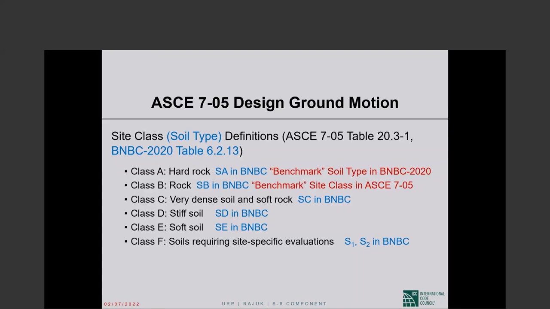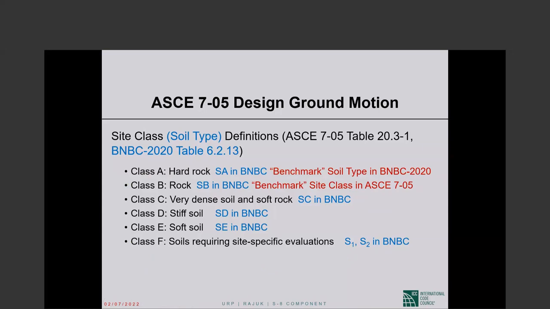Okay. Now, what is site class A in AC7 is soil type SA in BNBC, B is SB, C is SC, D is SD, and E is SE. The site class F, on the other hand, is not SF. It has been divided into S1 and S2 in BNBC.